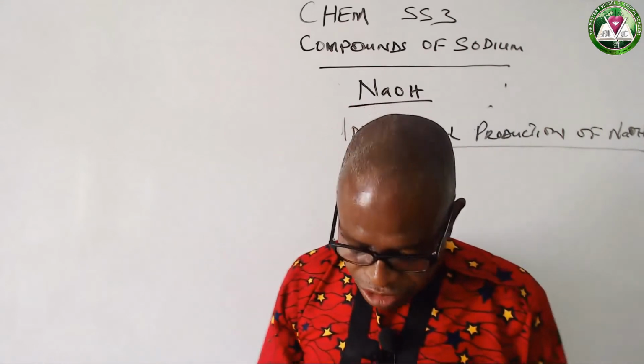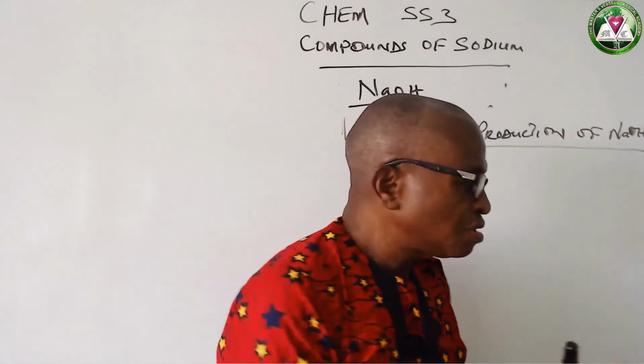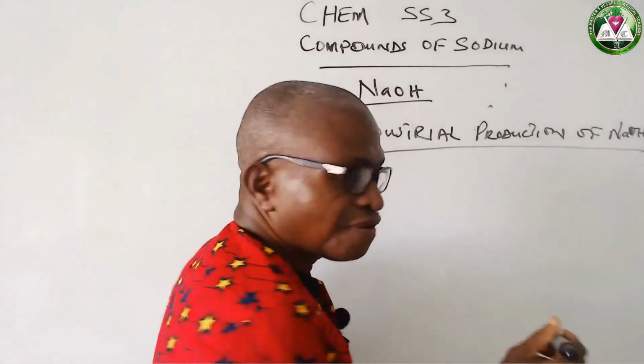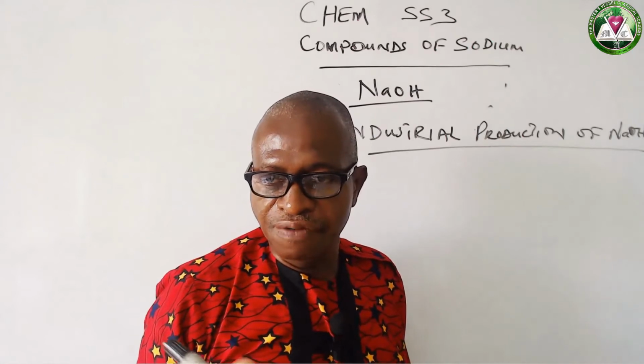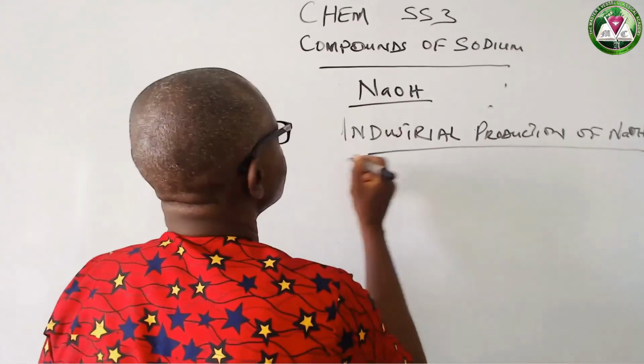Like I've already told you, there are two types of electrolytic cells used in the production of sodium hydroxide.